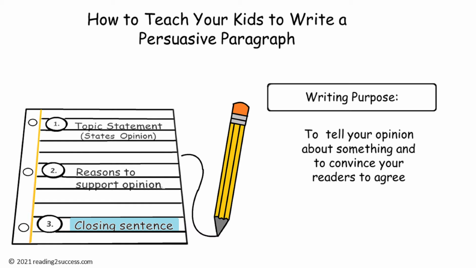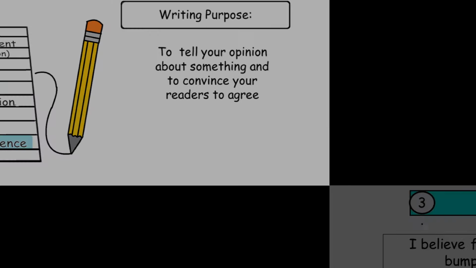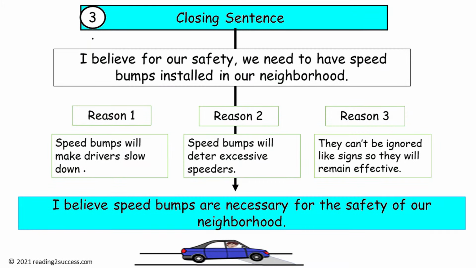Now that we have our topic statement that states our opinion, and the reasons to support our opinion, we need to create our closing sentence. The closing sentence is the last sentence and should remind readers of what the paragraph is about. In our example, our closing statement is, I believe speed bumps are necessary for the safety of our neighborhood.